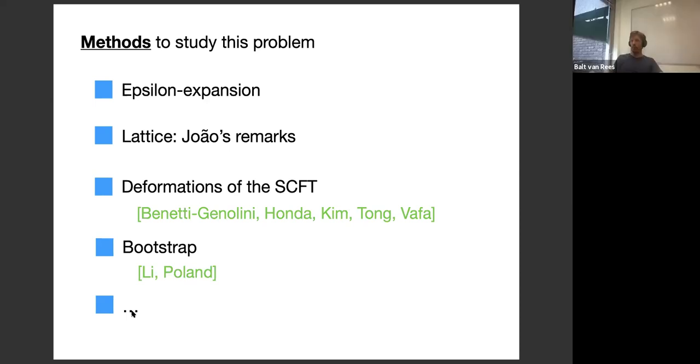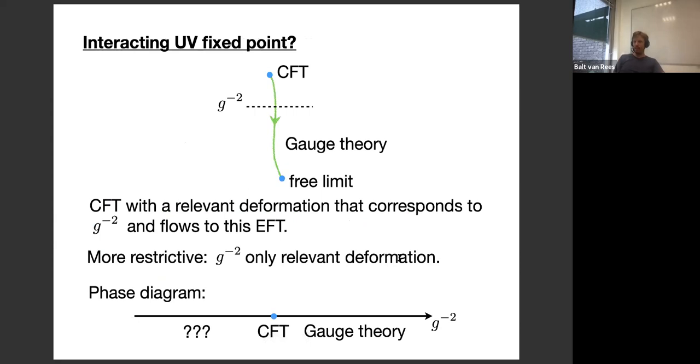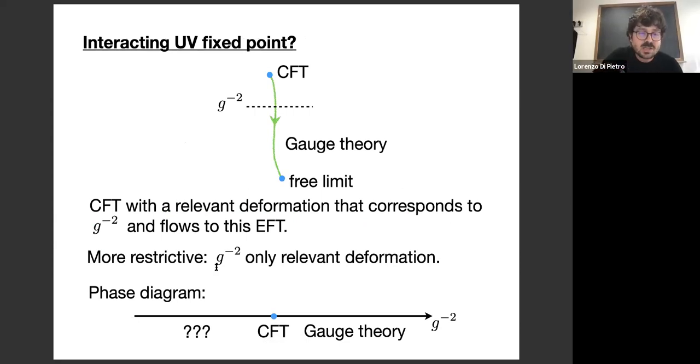Okay. So on your previous slide, the putative CFT that you've sketched here cannot be an SCFT. Well, if I don't add this more restrictive requirement, then in a sense we know that the answer is yes, because I can start with the superconformal field theory, turn on the supersymmetry breaking deformation and g squared, and that will flow to Yang-Mills. But how do we know?